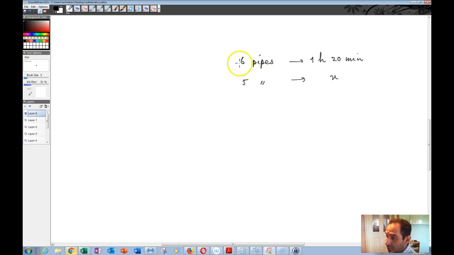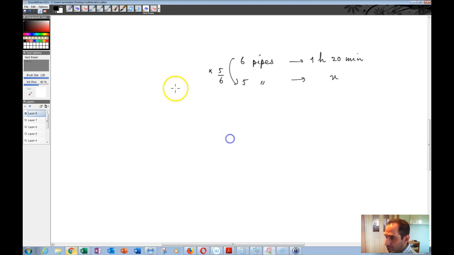In order to get from 6 to 5, you have to multiply this number by something. So 6 times some x is equal to 5, and so x is equal to 5/6. So if I multiply my 6 by 5/6, I'm going to get to 5, right?